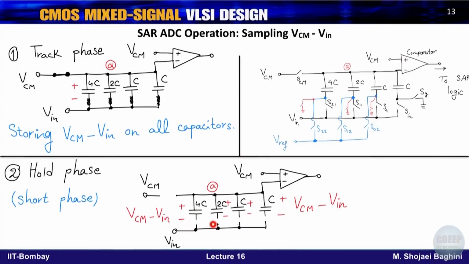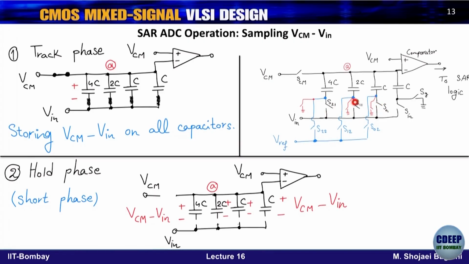So we have 4 switches connected to the bottom plates of the capacitors, and 1 horizontal switch whose job is connecting the top plate to VCM, to make sure that these capacitors are charged with VCM. These are also shown on the right side in general. The switches for the capacitors we are talking about are S21, S11, S01, so bit 2, bit 1, bit 0.